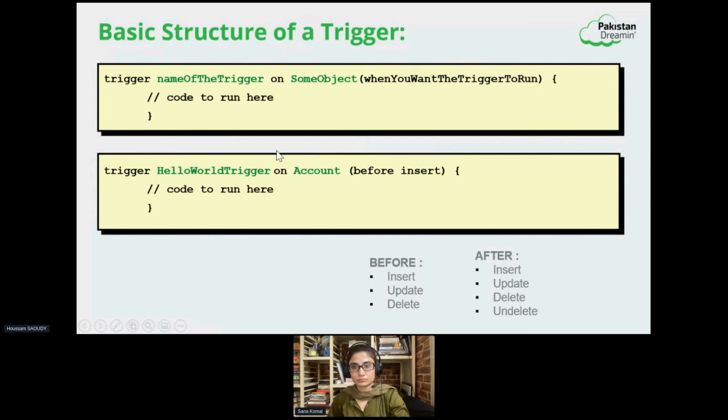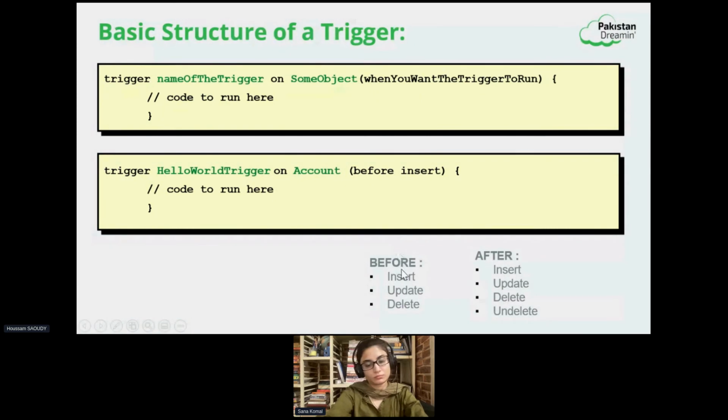For example, you can create a code trigger and call it hello world trigger and execute this trigger on the account object, and you can execute this trigger before insert.